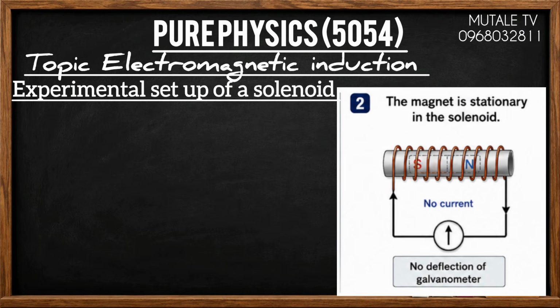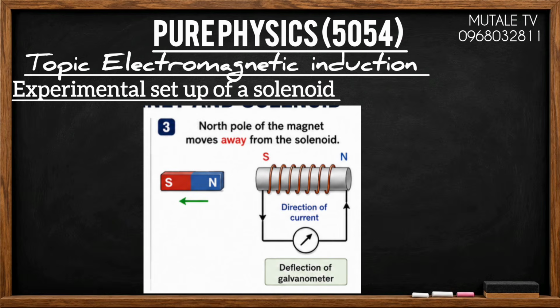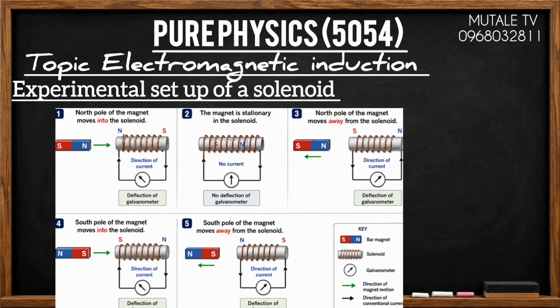Nothing will happen. As you continue pushing the bar magnet through the solenoid and it comes out the other end, you'll notice that the solenoid will create a magnetic field that will attract the same bar magnet.